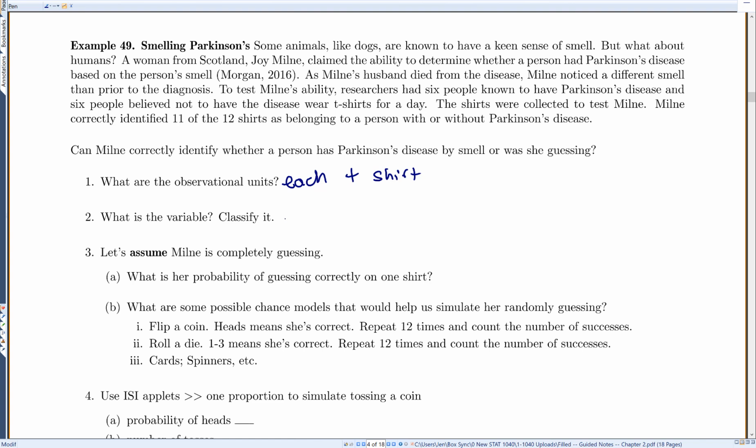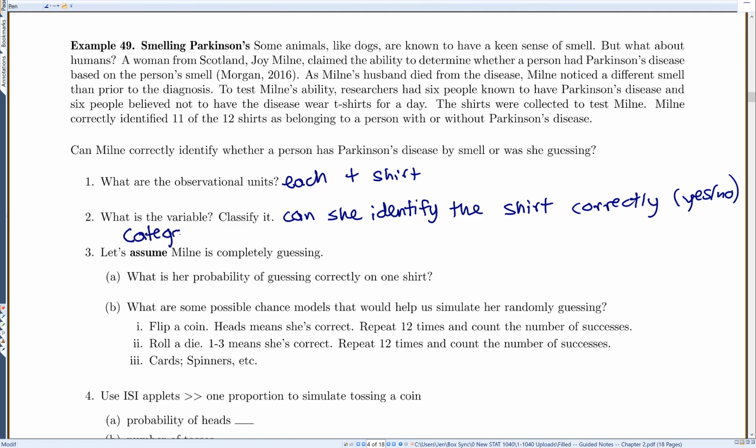The variable is whether she identified the shirt correctly, and it's yes or no. She got it correct or not. So if we want to classify it, because that seems like categories, not numbers to me, it would be categorical. And if we wanted to be even more specific, there's only 2 options, so we would say binary.